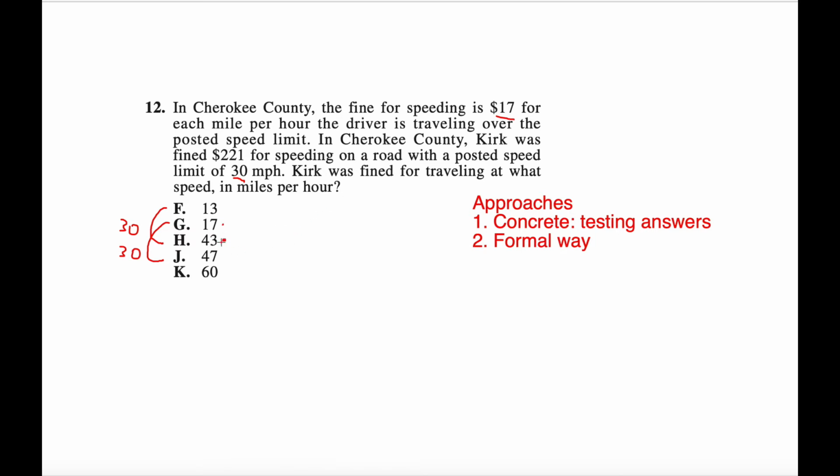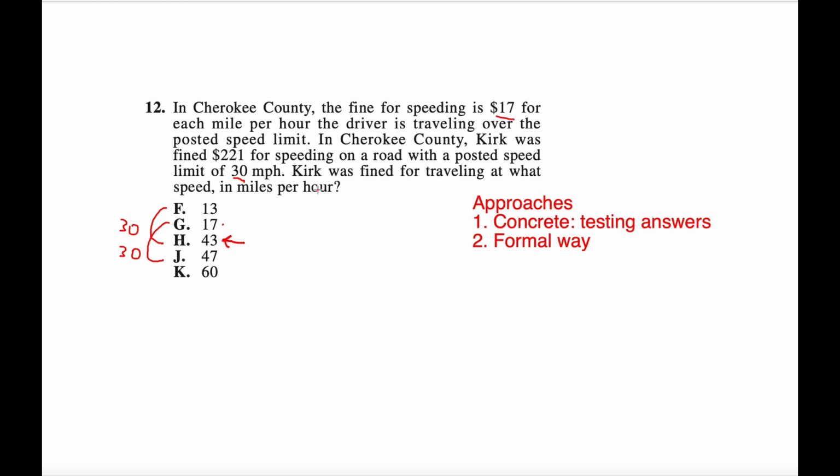But if it turns out to be too large in the context of the question, then I'll have a couple answers that are smaller that I can try. And if it turns out to be too small, then I'll have a couple answers that are larger that I can try. So we'll assume, using this technique, that 43 is the correct answer, and we'll plug that back into the question to check if it works out.